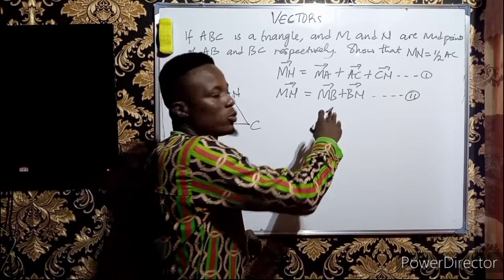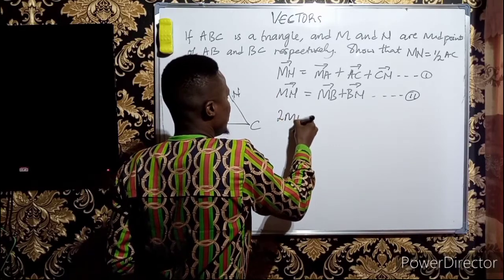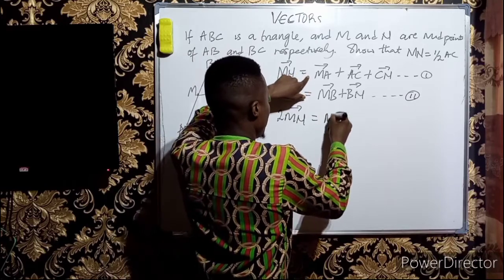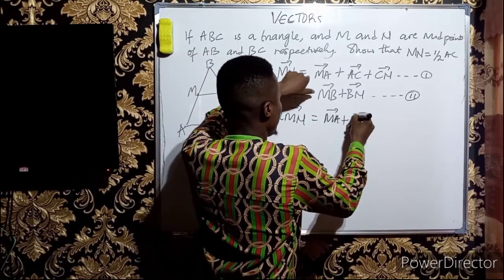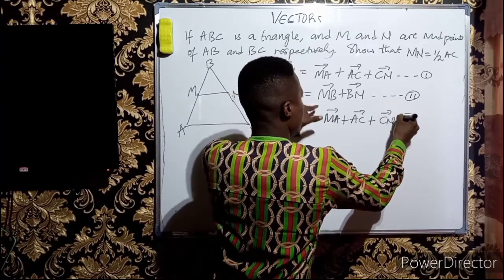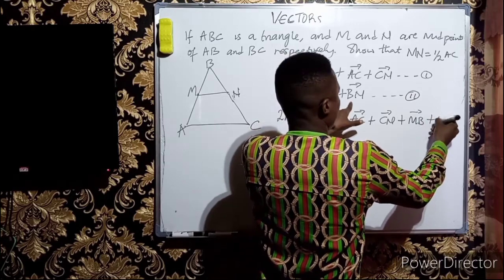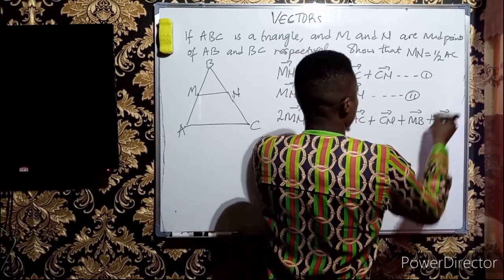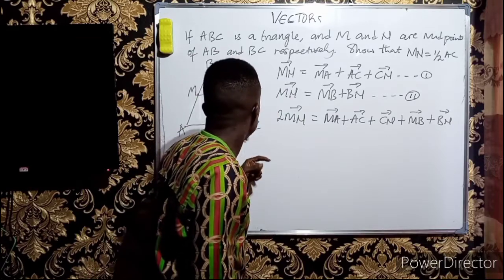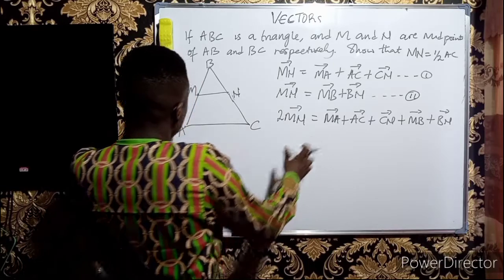So equation 1 plus equation 2, I have MN plus MN, which gives 2MN equals MA plus AC plus CN plus MB plus BN. Now let us check the sides that lie together.